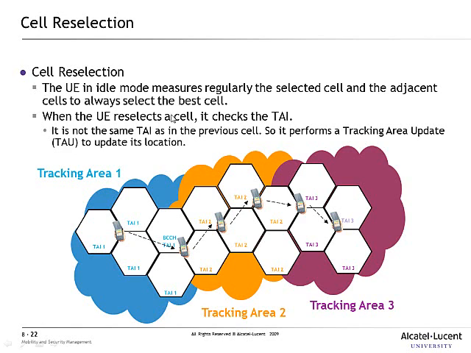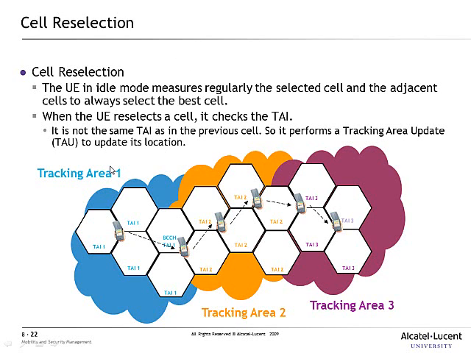to camp on. When the UE selects a cell, first thing it does is it checks the tracking area identifier, and we talked about the tracking area identifier in one of the previous classes. Okay, if the tracking area identifier that a UE has stored in its SIM card is different to the tracking area identifier that it is receiving in the broadcast, then it performs a tracking area update.